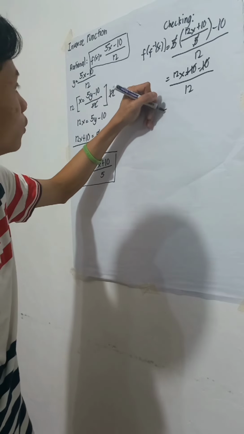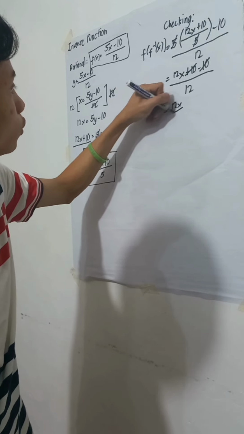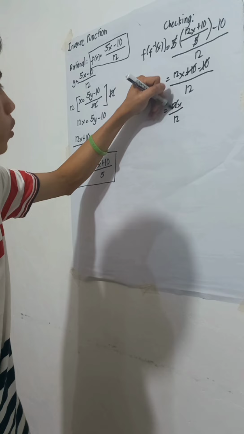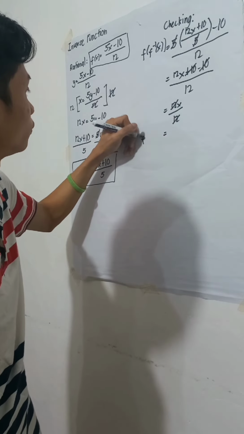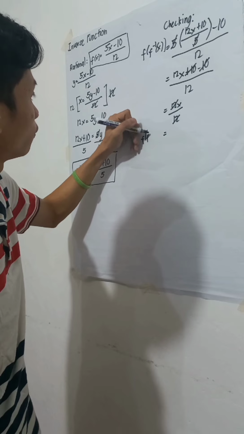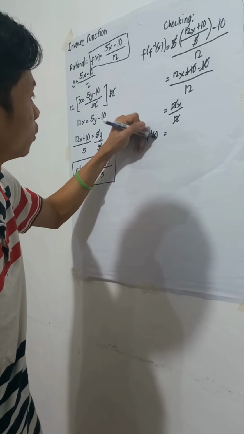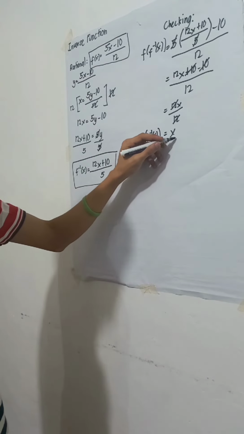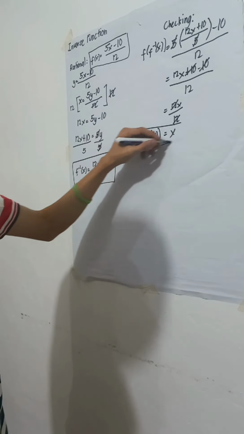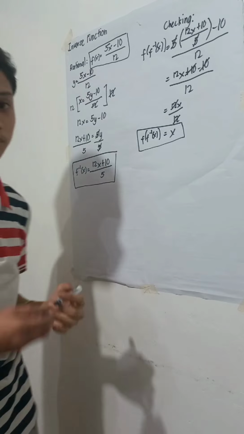So equals 12x over 12. And cancel this one. So f of f raised to negative 1 of x is equal to x. If that is equal to x, then the inverse is correct.